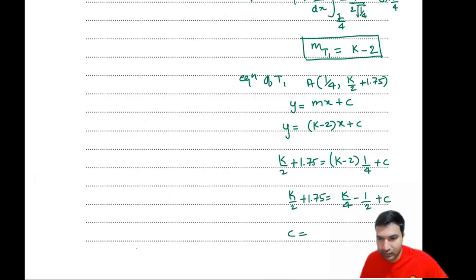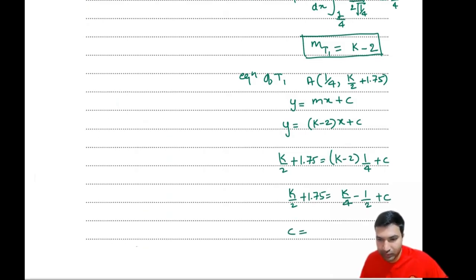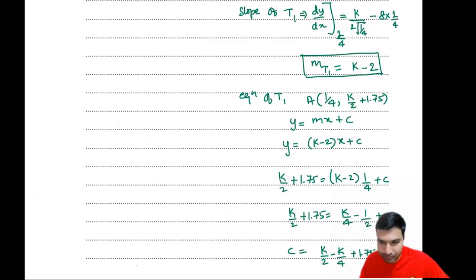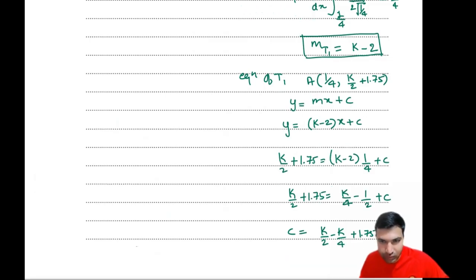Therefore, we get c is equal to k by 2 minus k by 4 plus 1.75 plus 1 over 2. Okay. So this is what we get. Now, what we have is c is equal to k over 4 plus 1.75 plus 0.5, which will eventually give you 2.25, right? So that's c value.